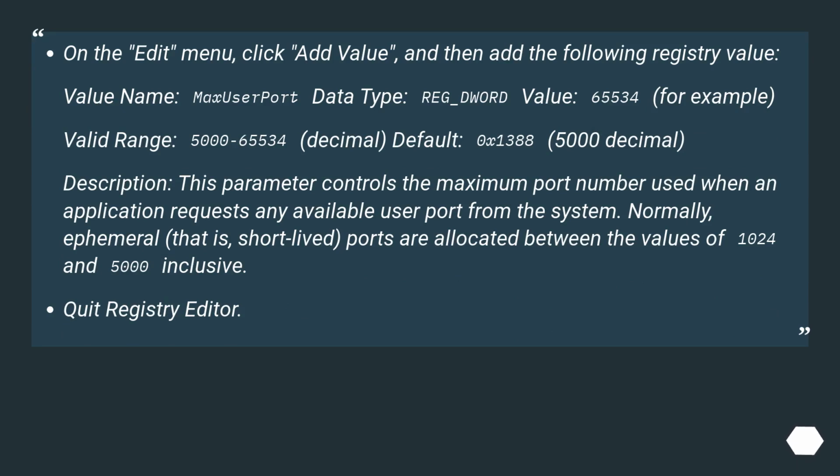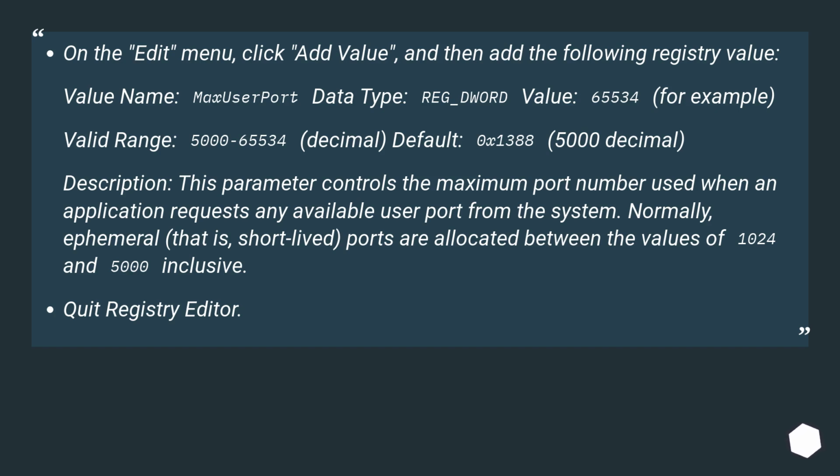Value: 65534, for example. Valid range: 5000 to 65534 decimal. Default: 0x1388, 5000 decimal. Description: this parameter controls the maximum port number used when an application requests any available user port from the system. Normally, ephemeral, that is, short-lived, ports are allocated between the values of 1024 and 5000 inclusive. Quit Registry Editor.